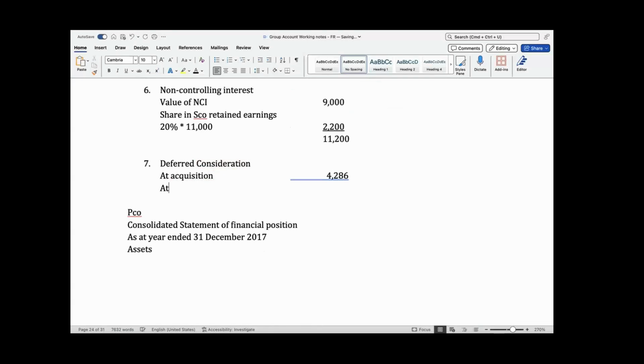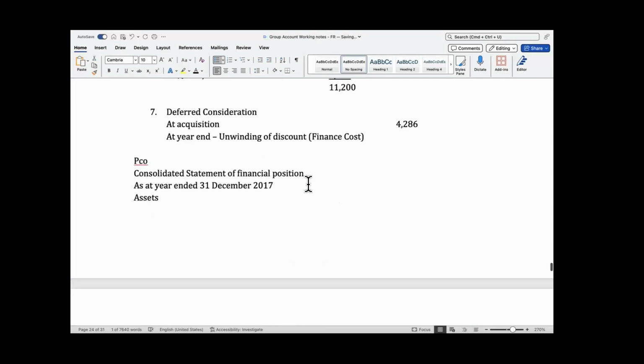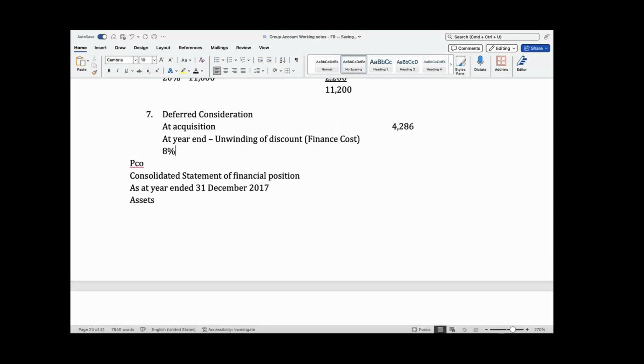But at the end, we need to do unwinding of discounts to finance costs. What was the discount rate given? They gave us 8%. That's why we use 1.08. So that's 8% times 4,286. What would that give us? 343.